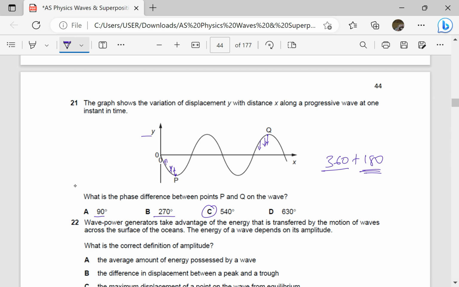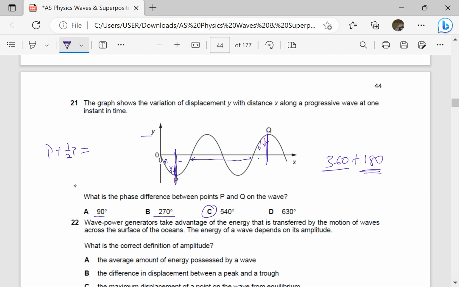That is still antiphase. Alternatively, you can look at this as P is here and Q is here. Let's see the distance out of step in terms of wavelength. Let the wavelength be lambda. In terms of wavelength, this is going to be lambda. This is a quarter lambda and a quarter lambda. So wavelength plus a half wavelength.